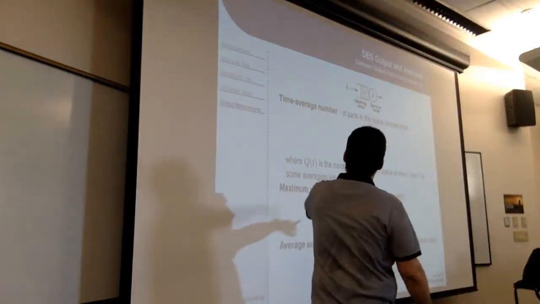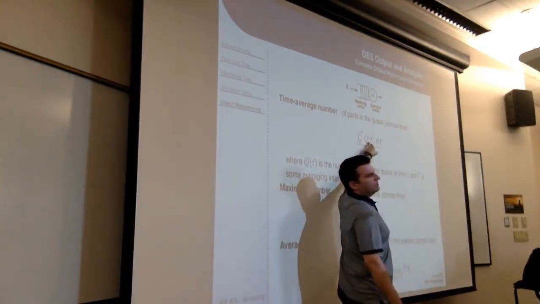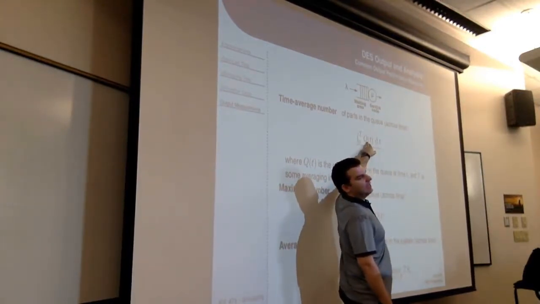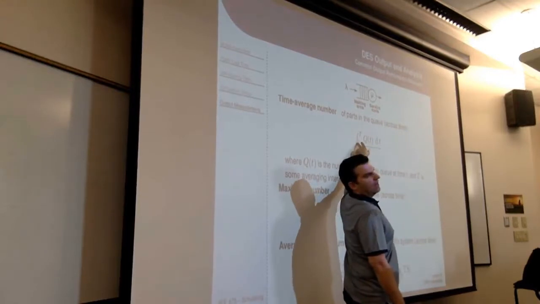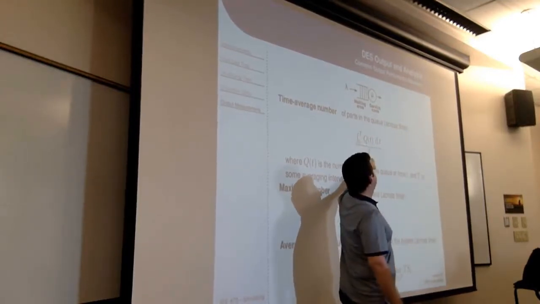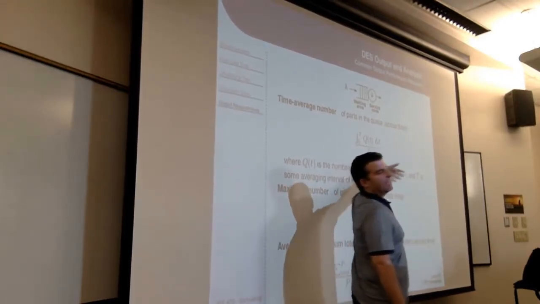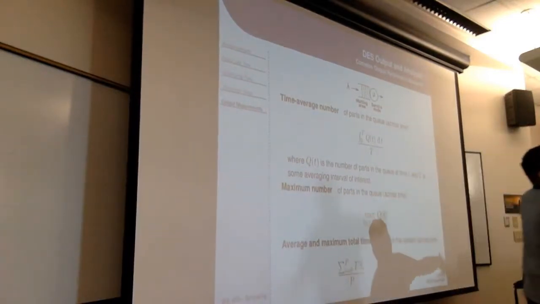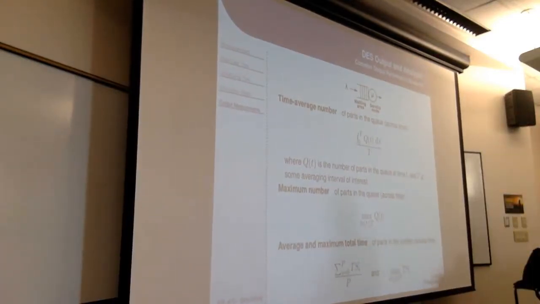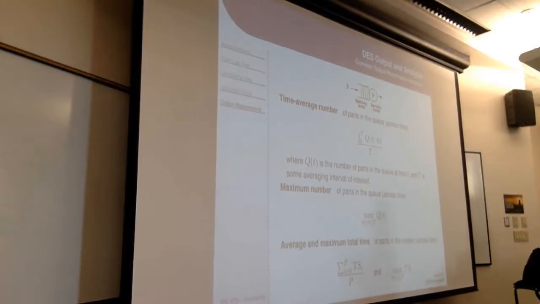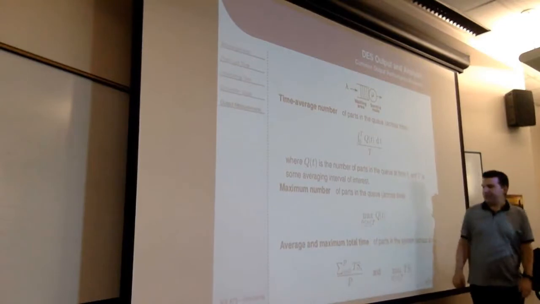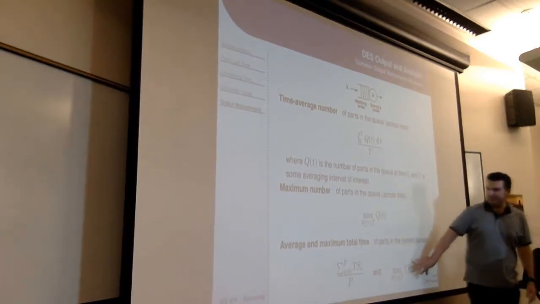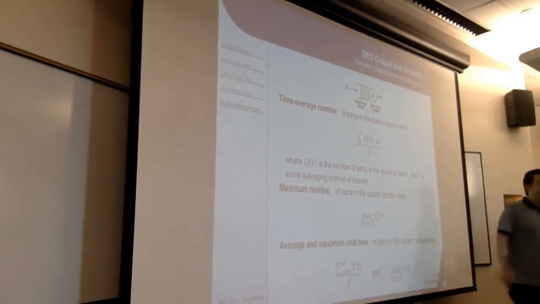If this queue is the number of parts in the queue at any instant of time, I can take the integral under that curve and divide by the total length of time in that interval, and that gives me the average number of parts waiting in the queue. So this is a queue perspective where I'm integrating over time as opposed to number of parts. And I can take maxes over time intervals and averages over time intervals as well.